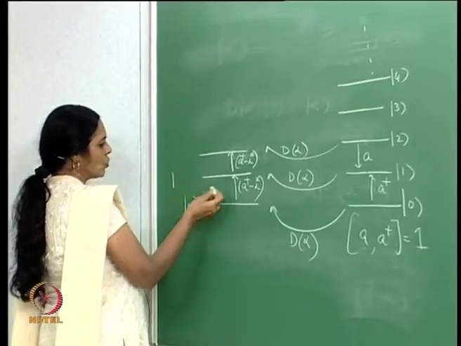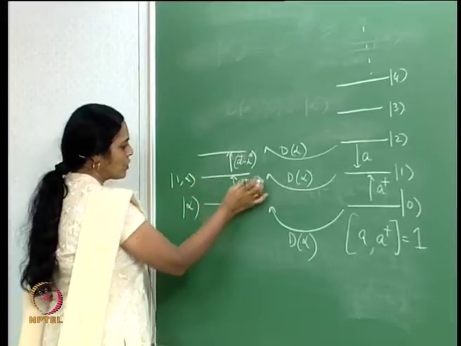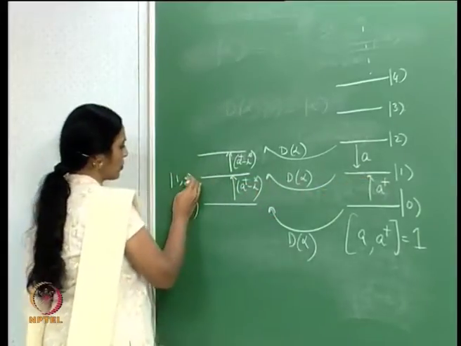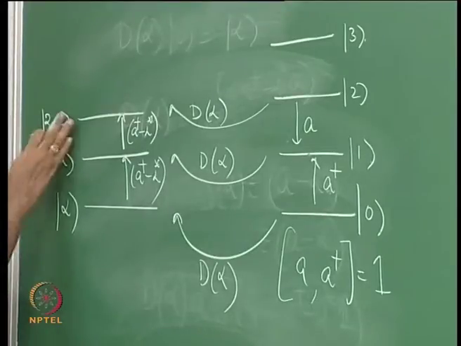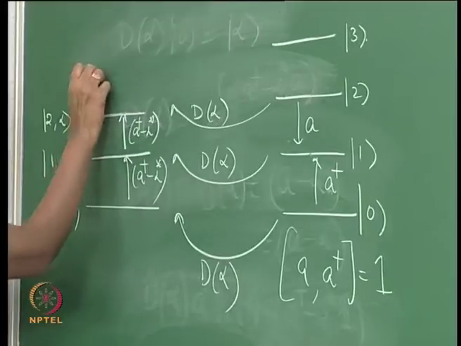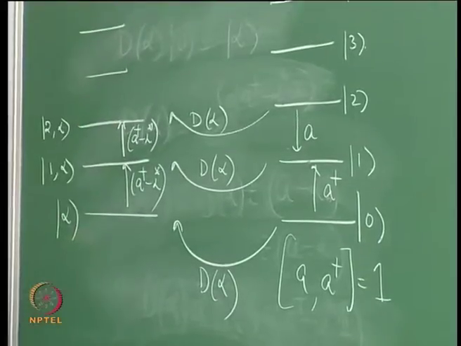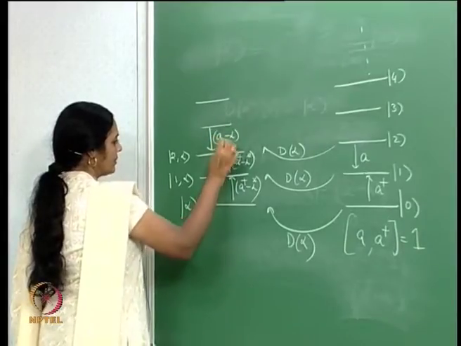Now, these states could well be labeled 1 comma alpha, because D of alpha acted on ket 1 to produce this state. This state could be labeled 2 comma alpha. This is merely a notation. D of alpha acting on ket 2 gave me this state, and so on. The lowering operator is A minus alpha.